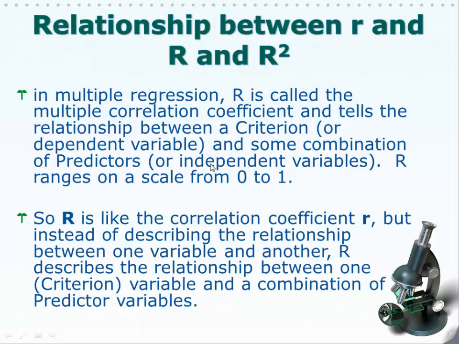But whereas small r tells you about the relationship between two variables, the capital R multiple correlation coefficient tells you about the relationship between the criterion variable and a combination of predictor variables. So it's the relationship between one and multiple variables. And just like small r, the capital R multiple correlation coefficient ranges on a scale from 0 to 1.